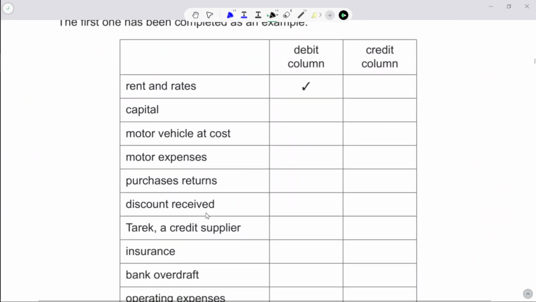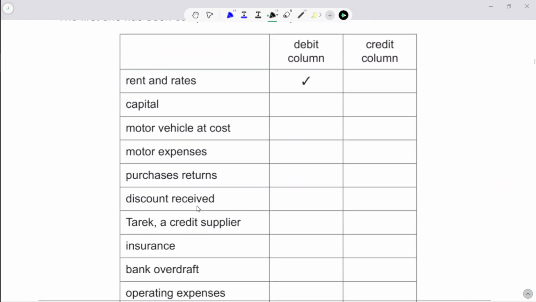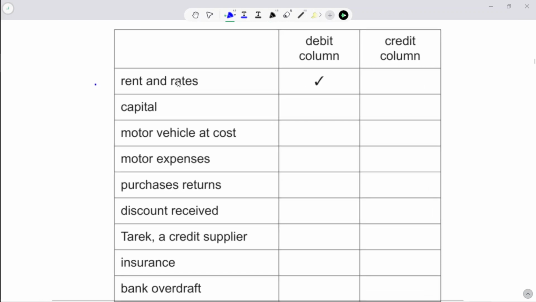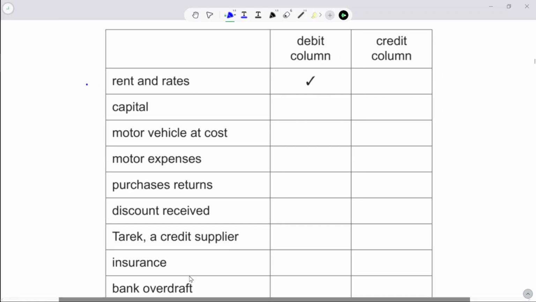Now let's do the first question. So they say here, rent and rates is actually an expense, so we debit.